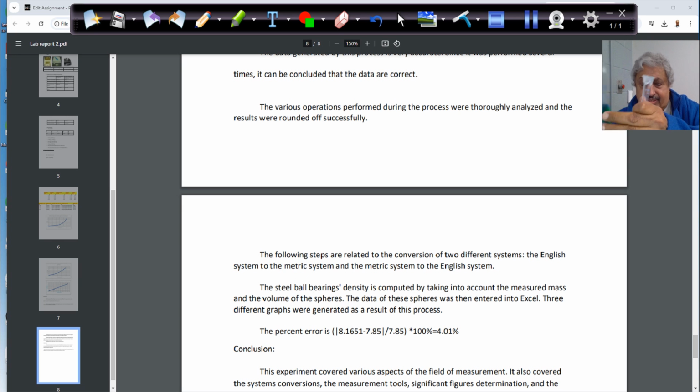Then the stainless steel bearing balls' diameter and mass, and use the Excel file to determine the density and the percentage error. I want to see the percentage error. Okay, I'll stop.